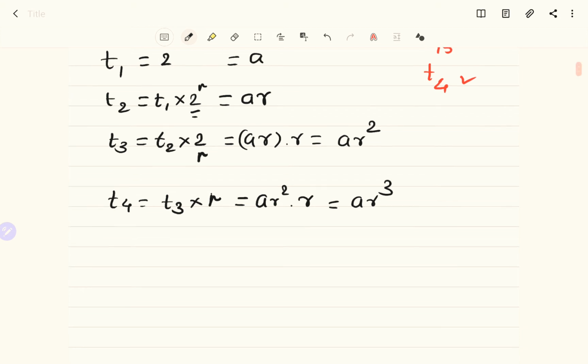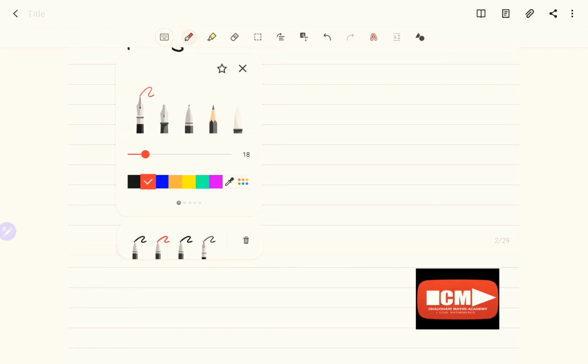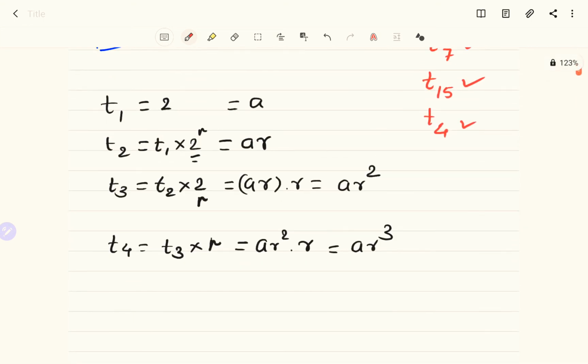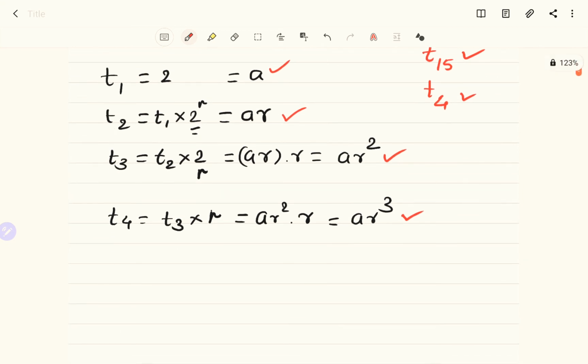Let's understand how to obtain the successive terms of our geometric progression. If you observe, the first term is a, the second term is ar, the third term is ar square, and the fourth term is ar cube. By observation, you can write down the fifth term according to this sequence.